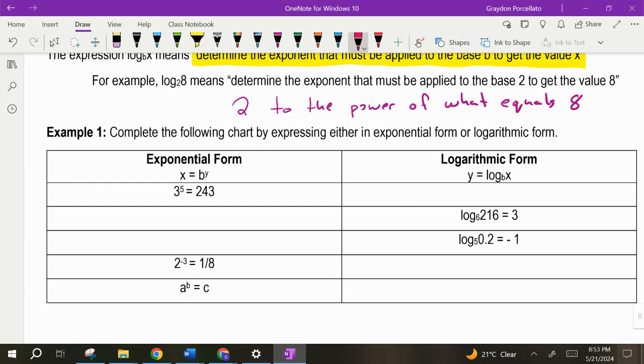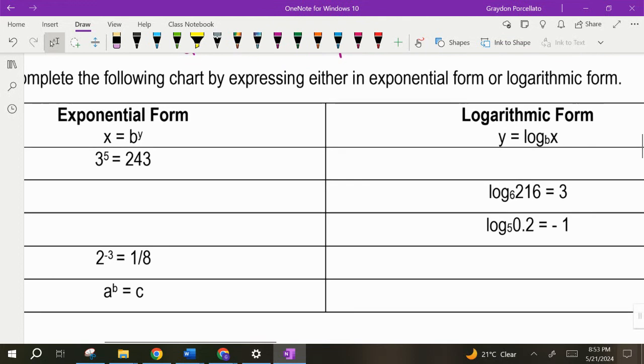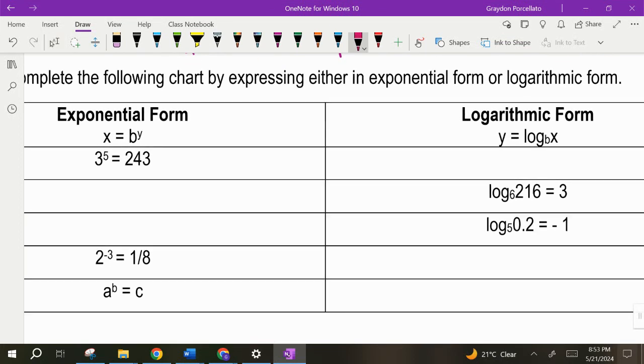So if I want to write that expression in logarithmic form, I'm going to write the log base 3 of 243 equals 5. So that says 3 to the power of what is 243, and it's equal to 5 because 3 to the power of 5 is 243.